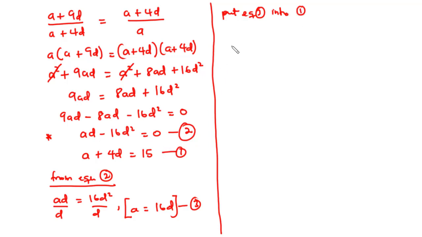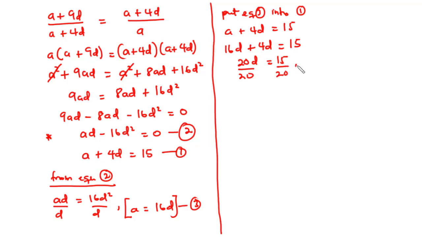Now we are going to put equation 3 into equation 1. So equation 1 is a plus 4d equals 15. So this becomes 16d plus 4d equals 15. We have 20d equals 15. We divide through by 20. And then we have the value of d to be 3/4. So this is the value of d. Now we are interested in finding the value of a, which is the first term.